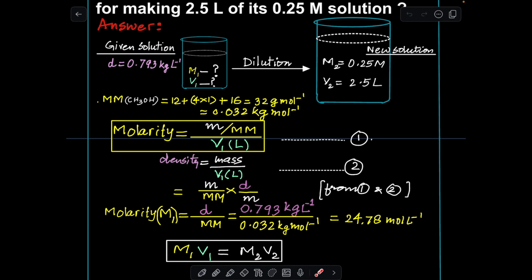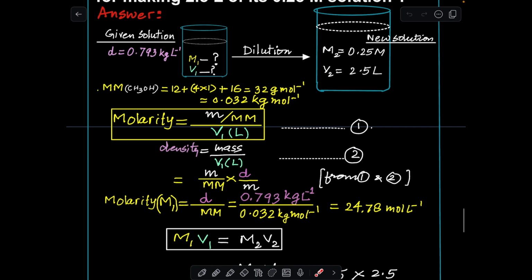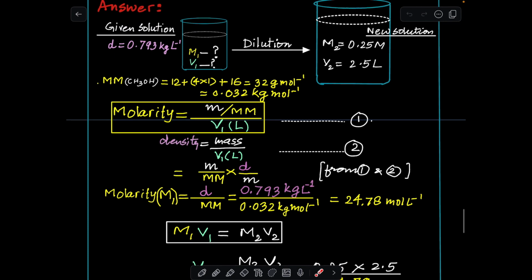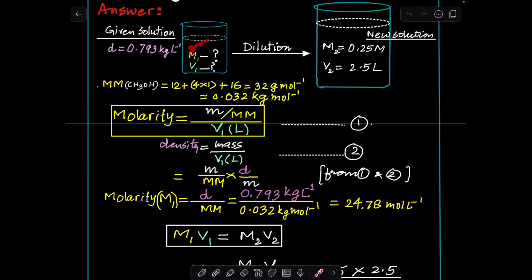Density is given to you in the question and molar mass you have calculated in kilograms per mole. Now you must have understood why I converted the unit of molar mass from grams per mole to kilograms per mole. The molarity will be calculated from this formula, and we will get the molarity of the first solution, that is your M1.